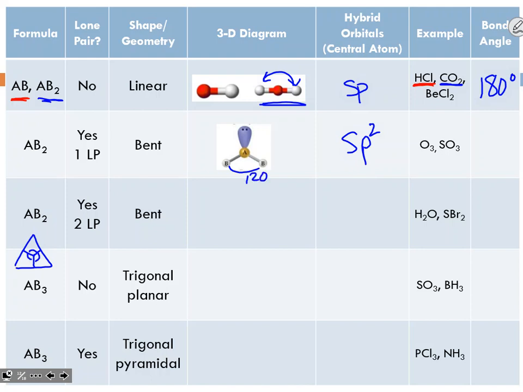So normally this would be 120. But because that lone pair takes up a little bit more space, the angle between these two is slightly lower than 120. Some of them are like 119, some of them are 115, but they are slightly lower than 120 because that lone pair on the top is taking up more space. It pushes the other two atoms closer. So just slightly less than 120 there.